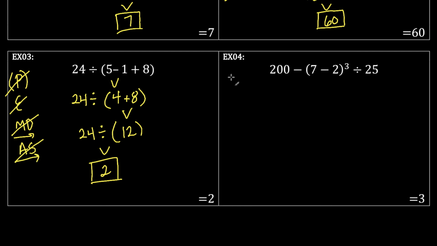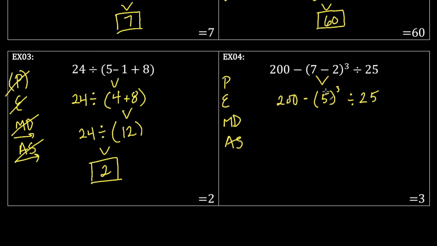And that is it. I don't have any multiplication or division left, and I don't have any addition and subtraction left. One more. PEMDAS. So parentheses, anything inside. We have a 7 minus 2. We got 5. So 200 minus 5 to the third divided by 25.